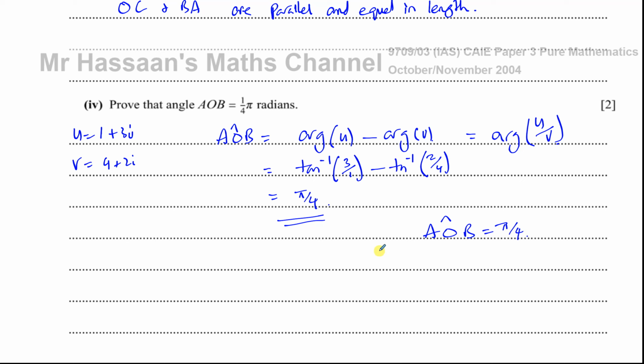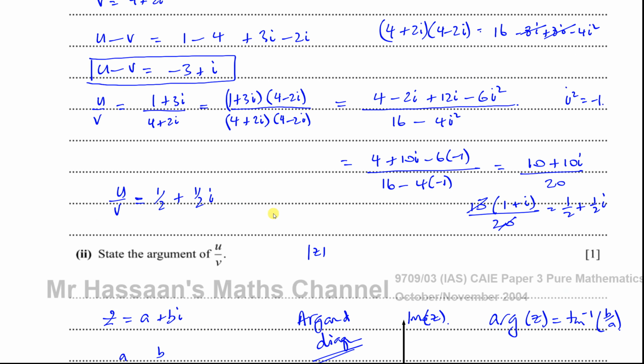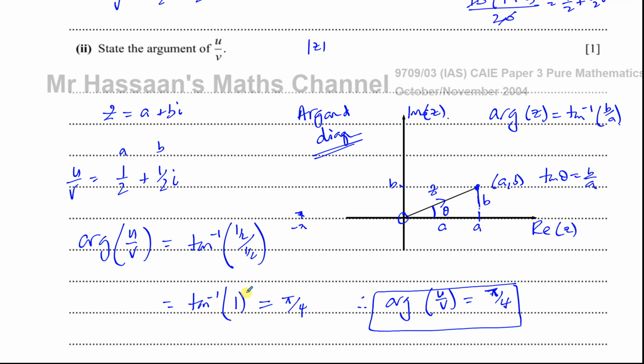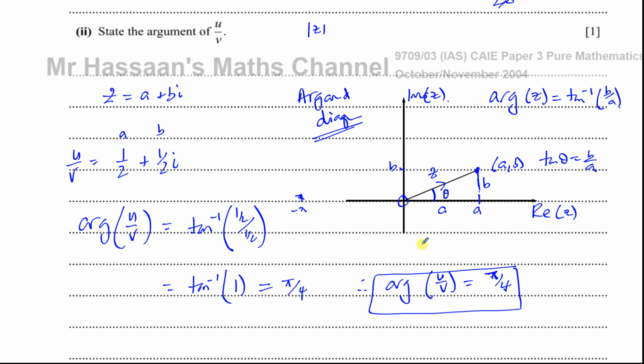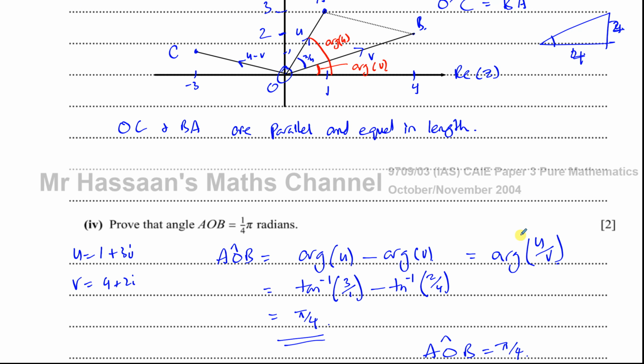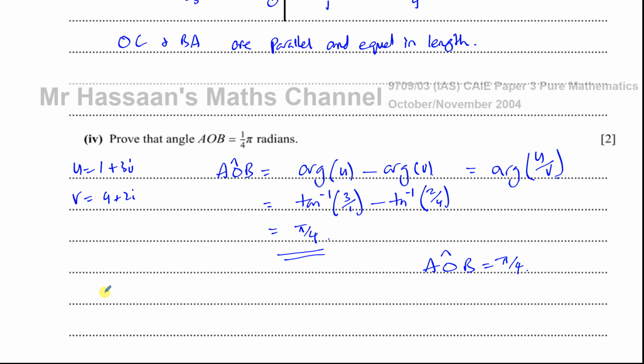And if we go back to what we learnt in part 2 of the question, we found that the argument of u over v was also pi over 4. So we're proving this relationship, that the argument of u over v is the same as the argument of u minus the argument of v.